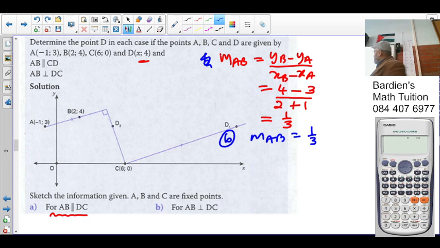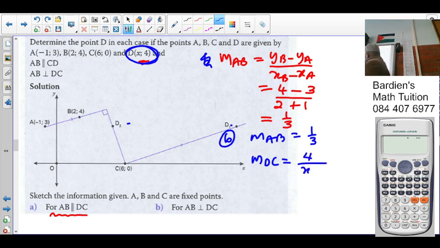Then what do we need to do now? We have to work out the gradient of DC. But you say, hang on, we worked that out already. That's D1 and D2, however, it's the same D. So, the gradient of DC was what when we worked it out? 4 over x minus 6.